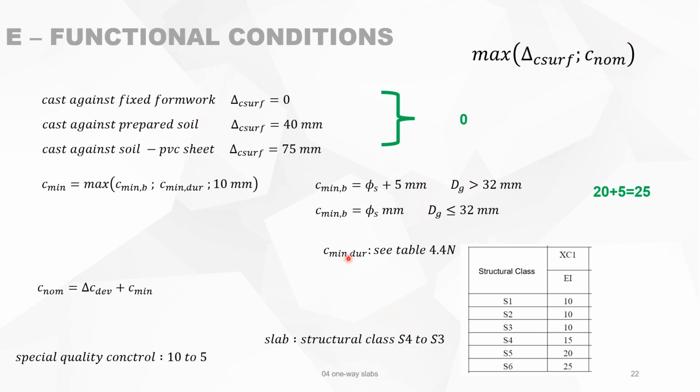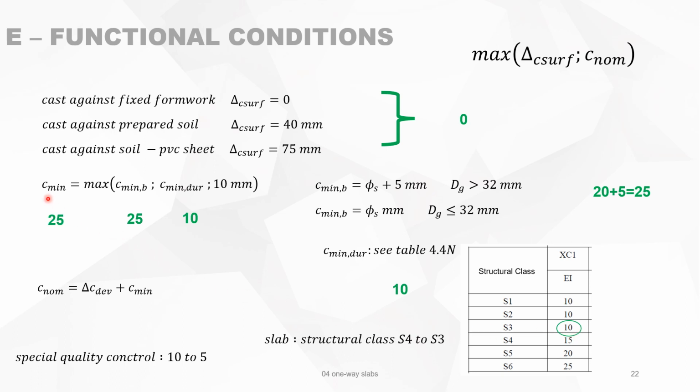For C min,dur, we will have a look at the structural class, and the structural class is S4. But because it's a slab, we can lower the class by 1. So we arrive at S3. So it means that the C min,dur is 10 millimeters.